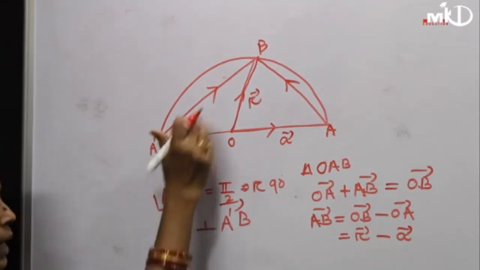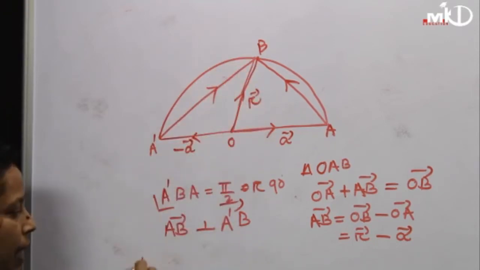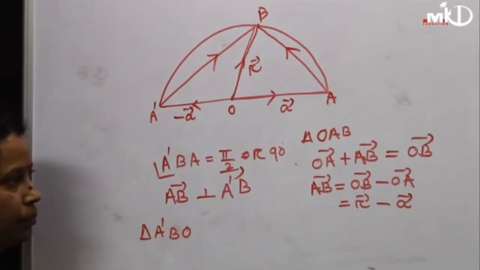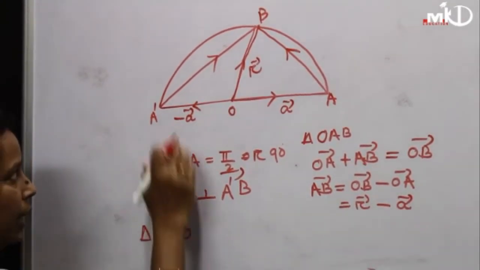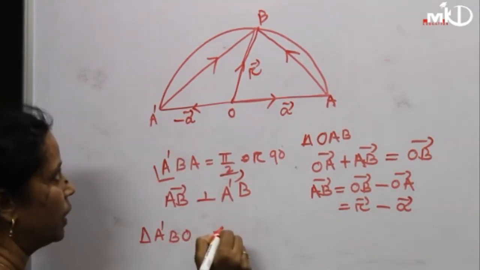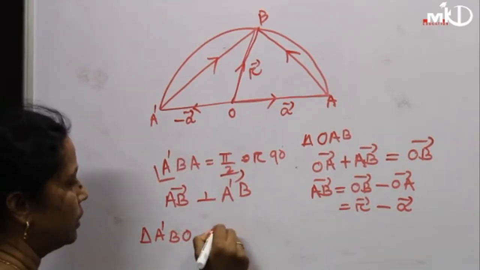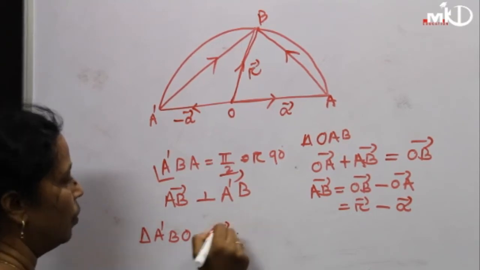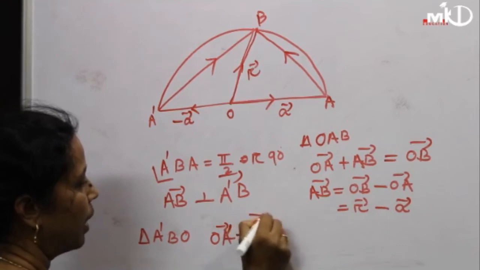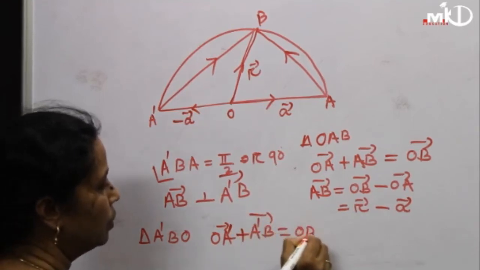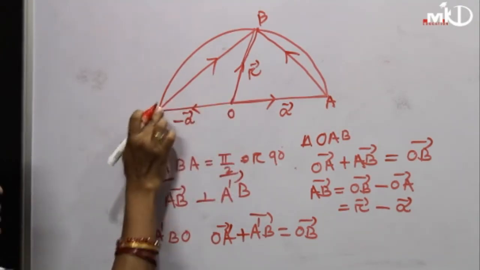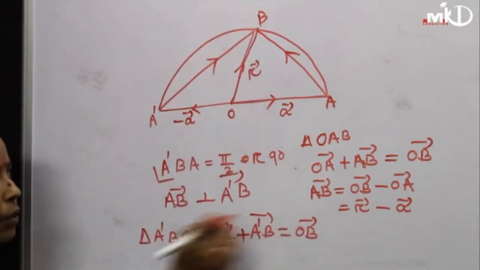Similarly, if we analyze the triangle OA dash B, here we find OA dash bar plus A dash B bar is equal to OB bar.